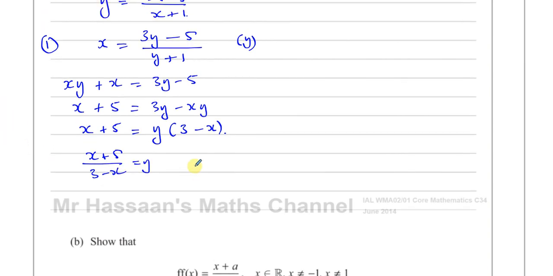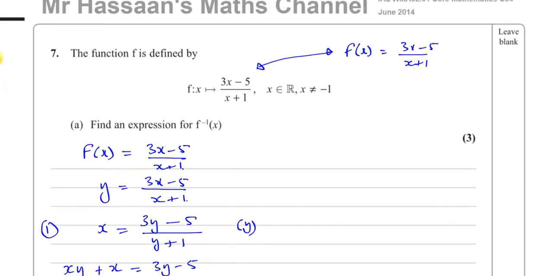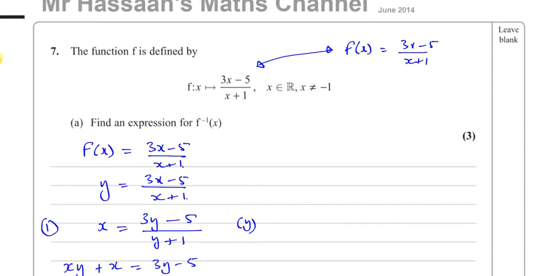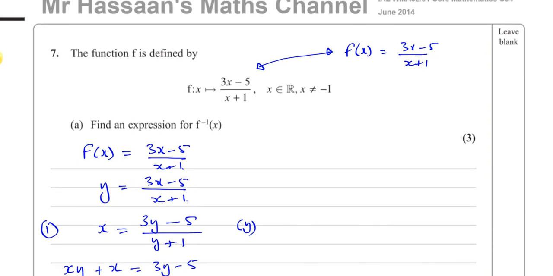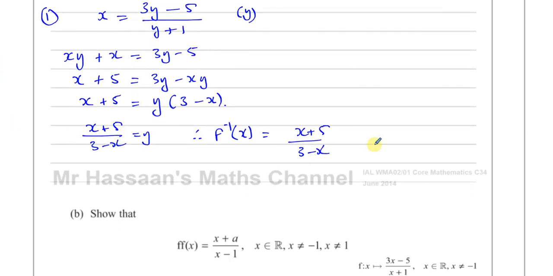And therefore I can say the inverse function of x is going to be x plus 5 over 3 minus x. And we should really give the domain for this function. We can see that the domain for this function is x cannot equal 3, because when x is equal to 3, this becomes undefined.